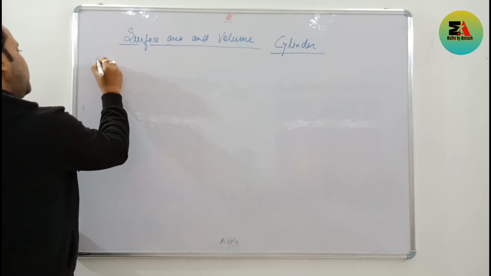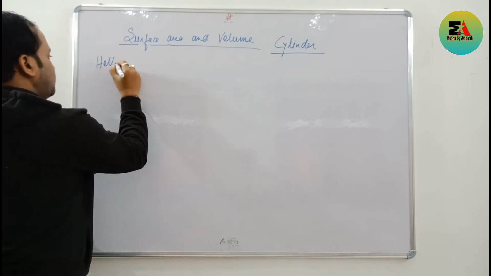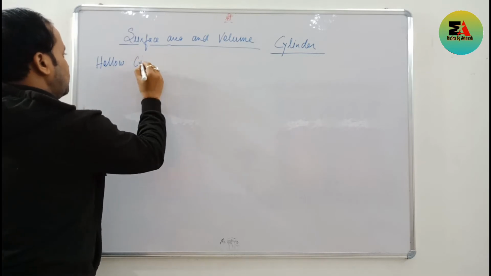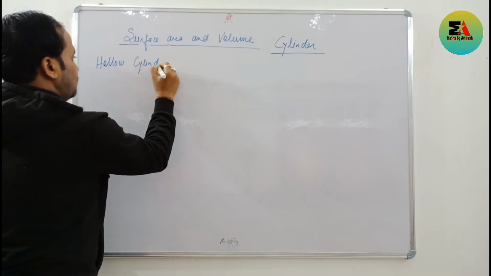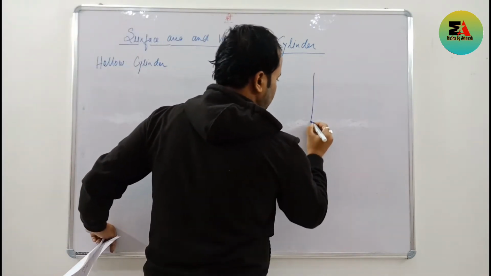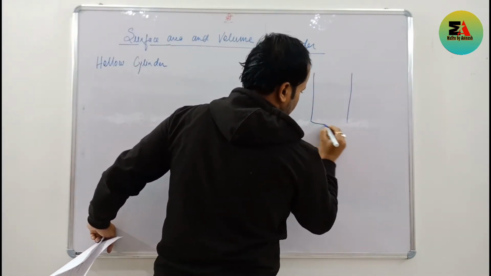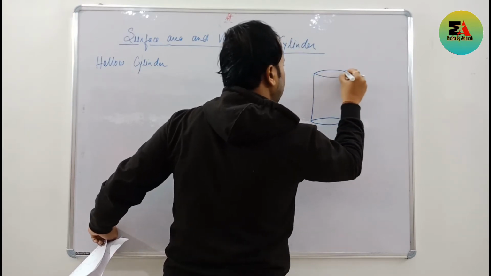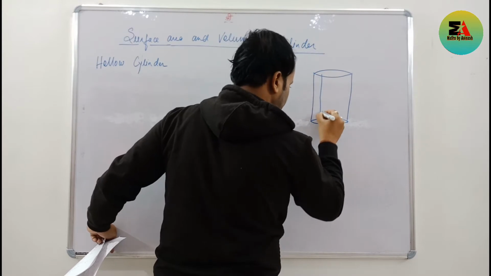Now the hollow cylinder. Hollow cylinder means what? This is our bigger cylinder and this cylinder contains another cylinder.